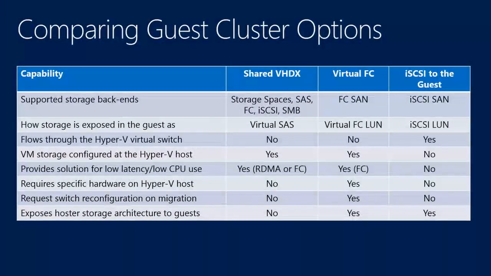So a little summary of what we're talking about here. With the new shared VHD, the shared virtual disk, you can now do the same kind of shared storage for storage spaces, SAS, fiber channel, iSCSI, SMB. Everything behaves in the same fashion.